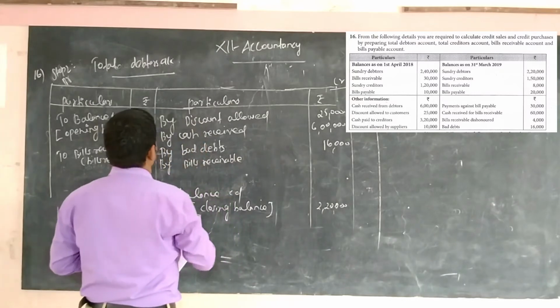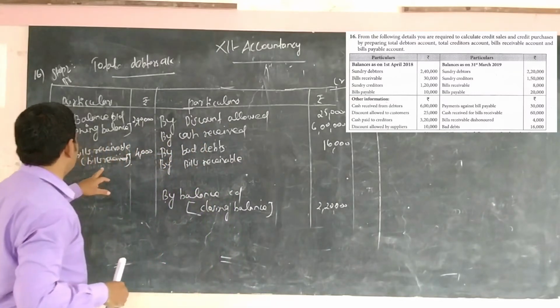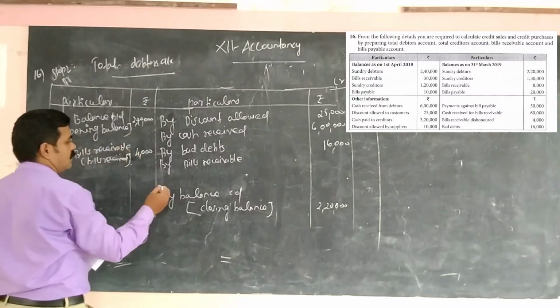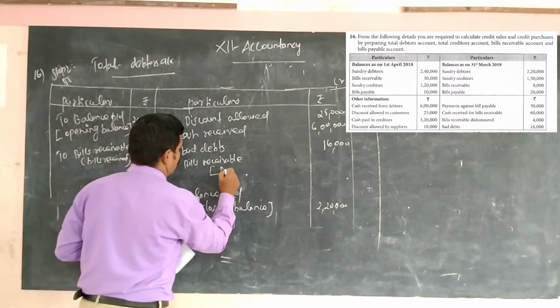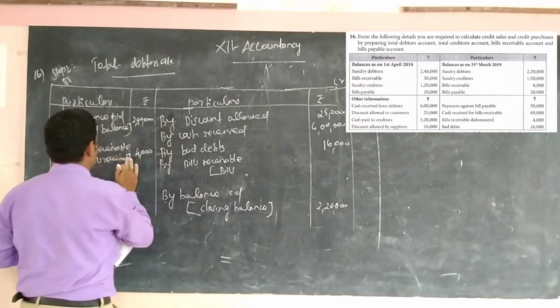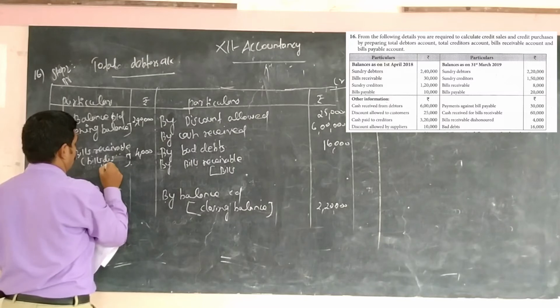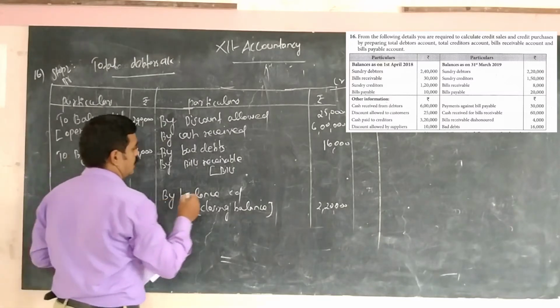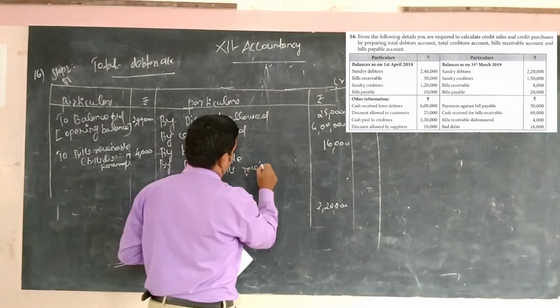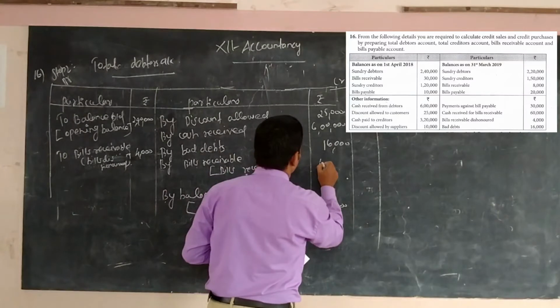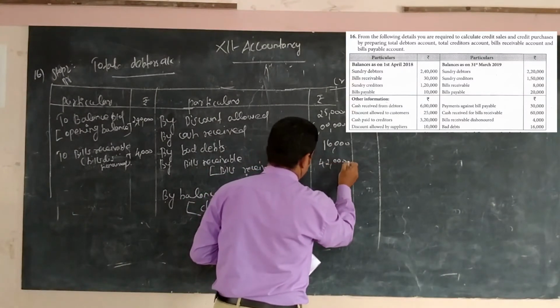Okay, that is bills. Here bills honor, dishonor. Now the bills. Here bills dishonor. Here bills received, the amount is 42,000.